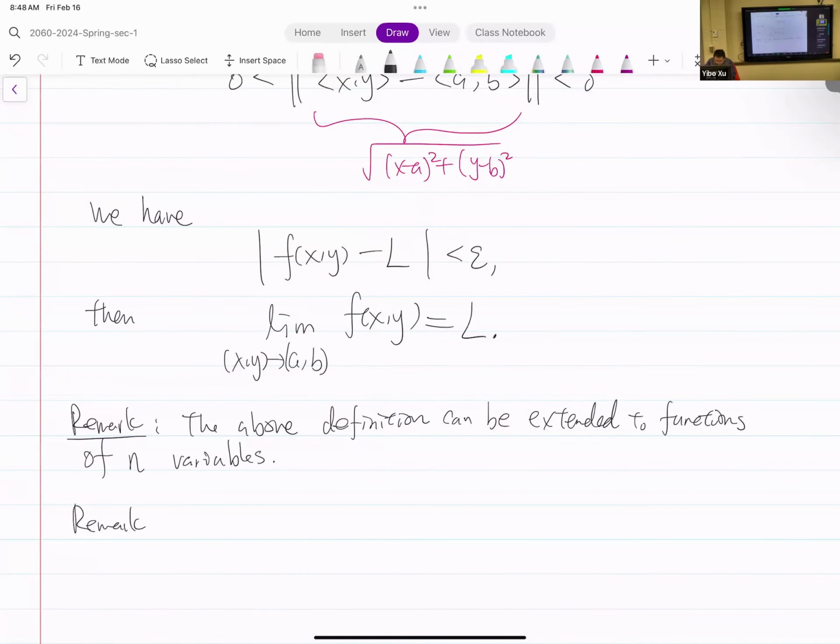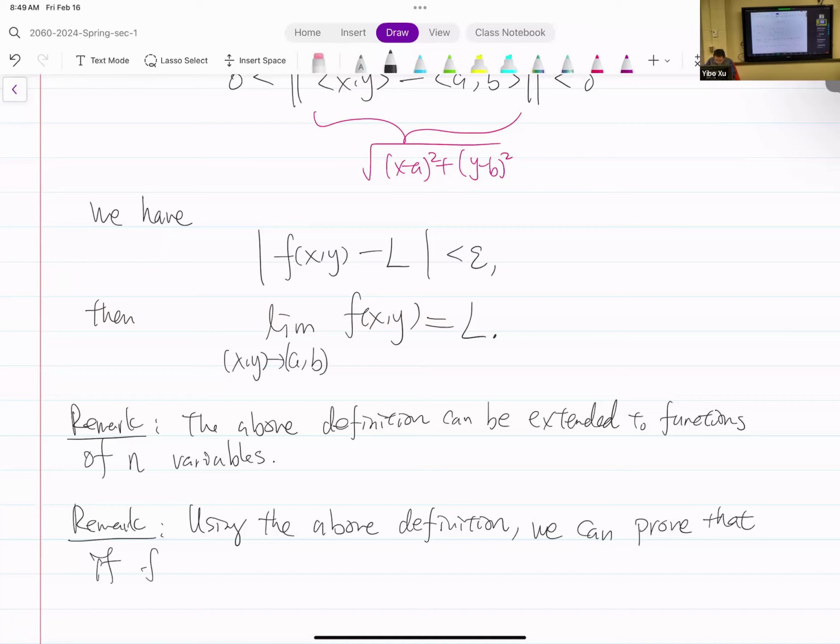Another remark. Using the above definition, we will not really prove it, but we can prove that if f of xy is a polynomial function, then it's going to be continuous.